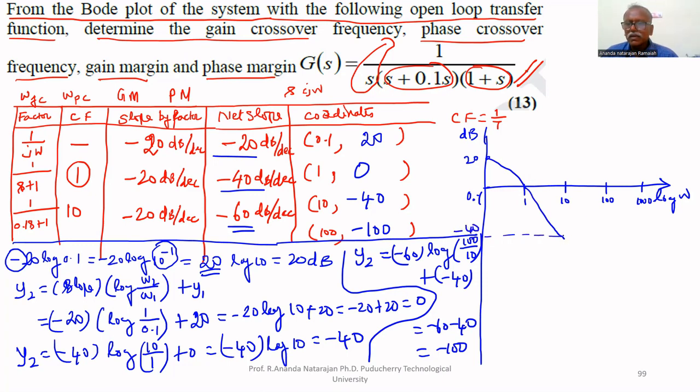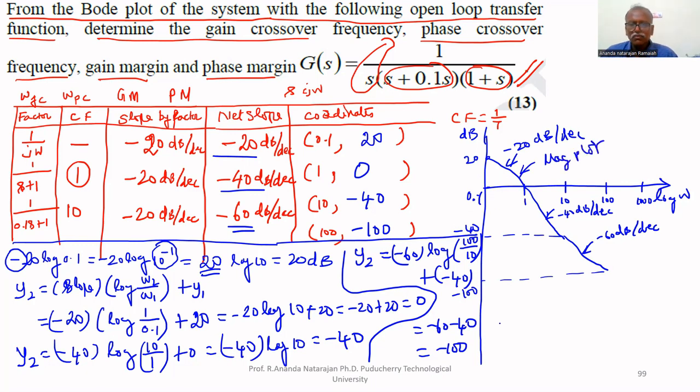At 100, minus 100. Here the slope is minus 20 dB per decade, here minus 40 dB per decade, and here minus 60 dB per decade. Up to this, minus 20 dB, after that minus 40 dB, after that minus 60 dB. So this is the magnitude plot.